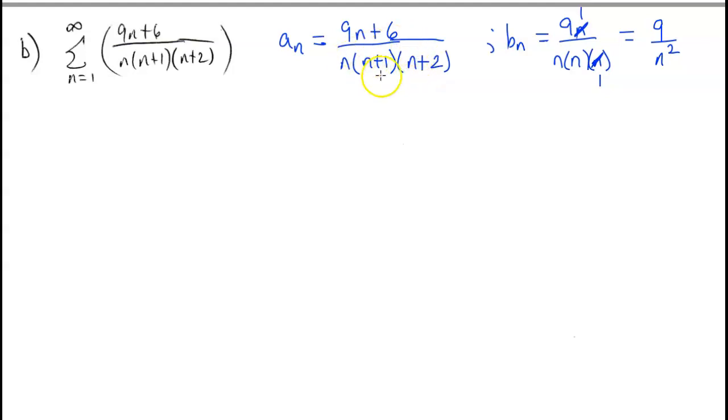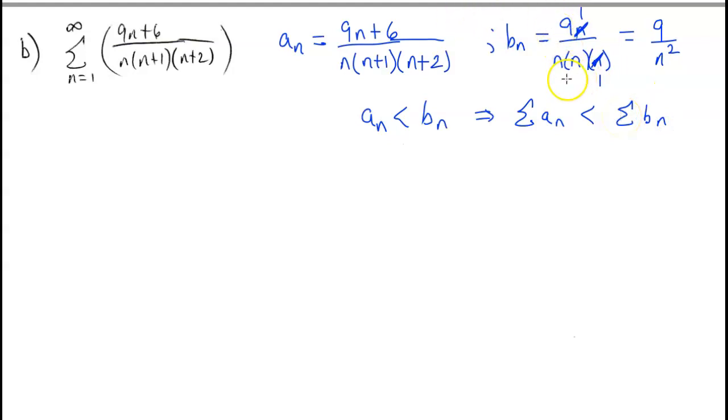So because of that, what we know is that since a sub n will have a bigger denominator, it will be a smaller value for larger values of n that we plug in. So essentially what this tells us is that, again, a sub n is going to be smaller than b sub n, okay? And so what this also tells me is that my series a sub n is going to be the smaller series out of b sub n, okay?